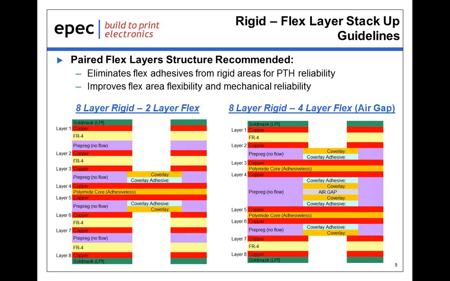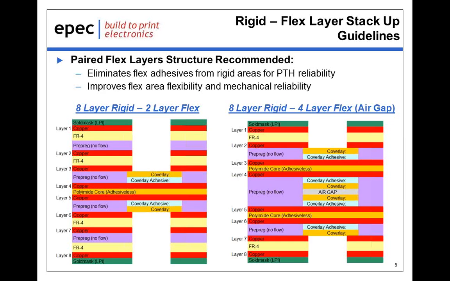Another element in the flex structure is dealing with the flex layers as pairs rather than a solid stack of layers. In the two examples that we have here, one is an 8-layer with 2 layers of flex. The other is an 8-layer with 4 layers of flex.